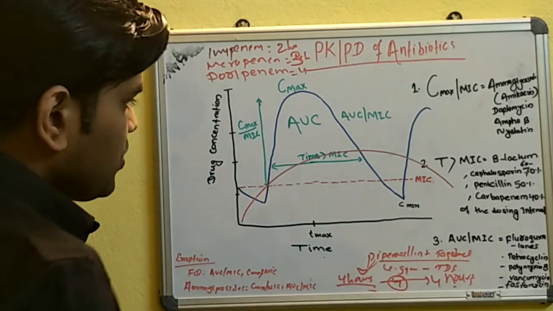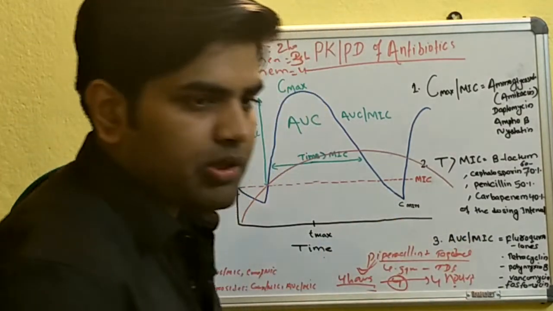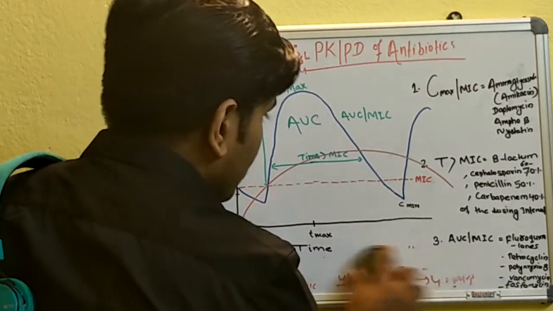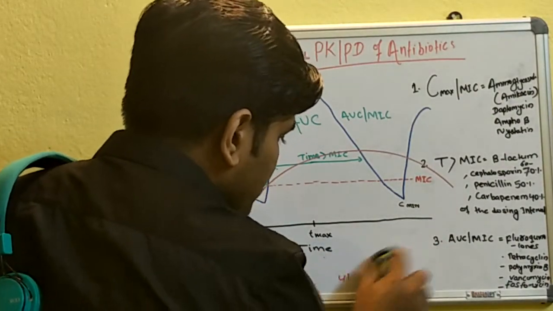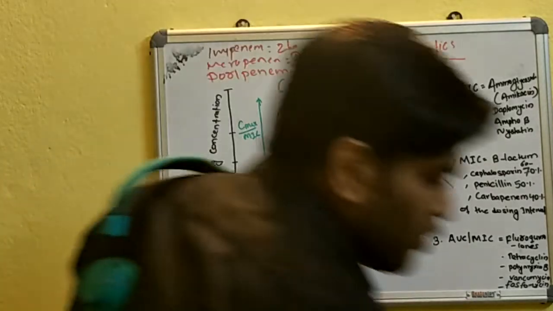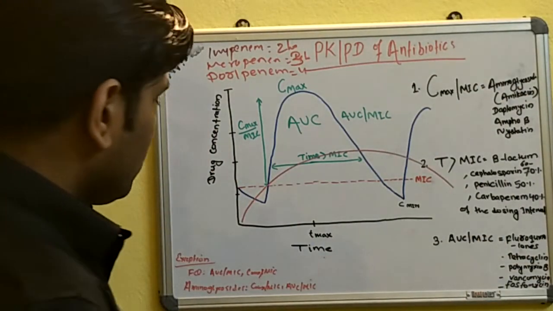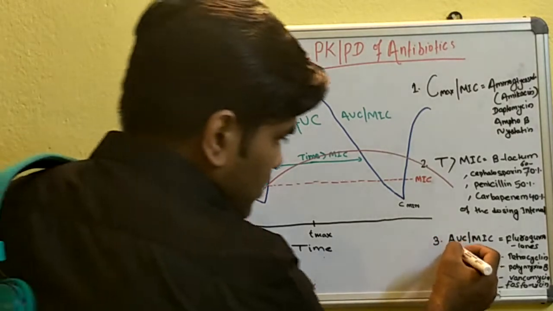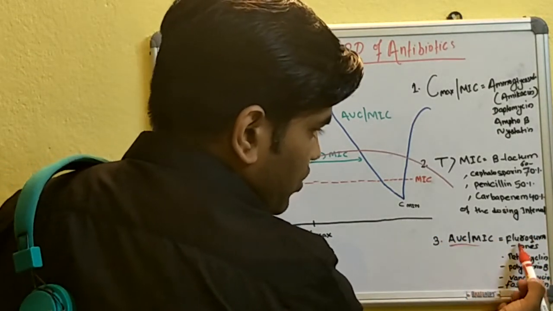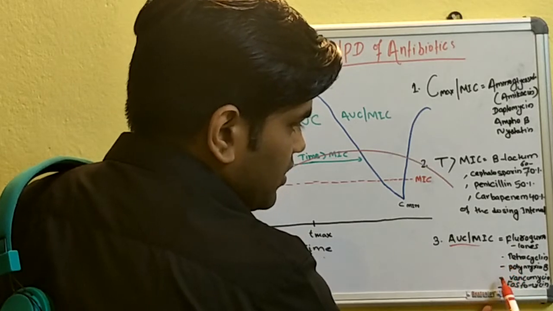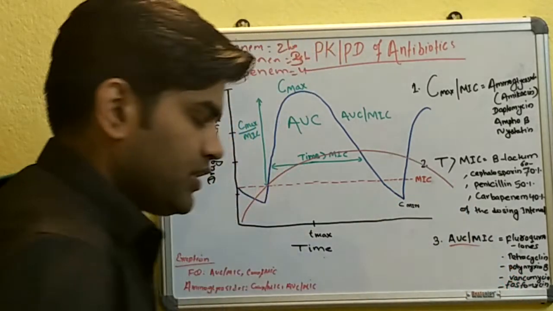Okay. Now that comes to the AUC by MIC. AUC is the area under the curve, over a total of 24 hours. In 24 hours, how much exposure to that particular drug the organism has had is important. This group of antibiotics includes fluoroquinolones, tetracycline, polymyxin, vancomycin, and fosfomycin.